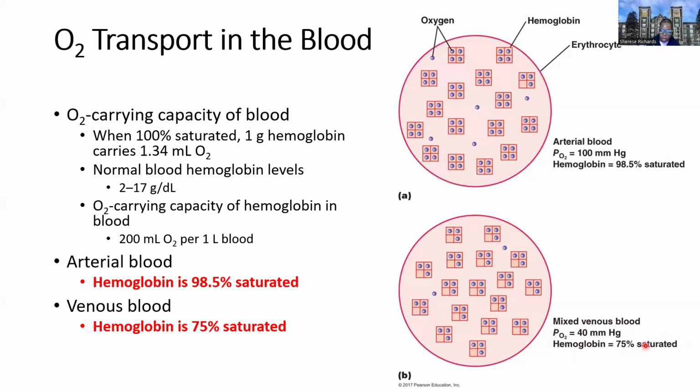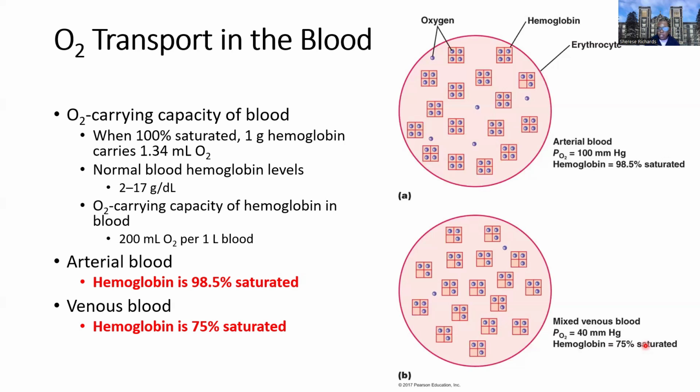Now, what all of this means is that the removal of 1 oxygen molecule from hemoglobin is all that it takes for the partial pressure in hemoglobin and the partial pressure in the tissue to be at equilibrium, and for our hemoglobin to be 75% saturated and no longer able to offload any more oxygen. What this really means is that we never really offload all of the oxygen from our hemoglobin.